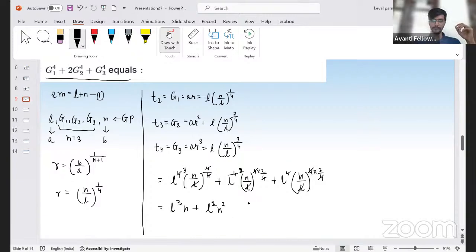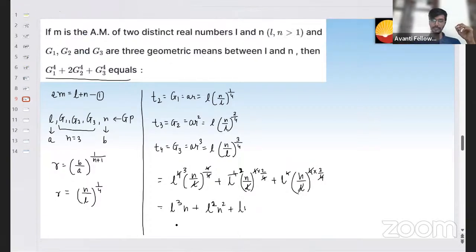plus L N cube. So I can take L N common. So I'll be left with, okay, sorry, here it is 2, plus 2Ln plus n square.